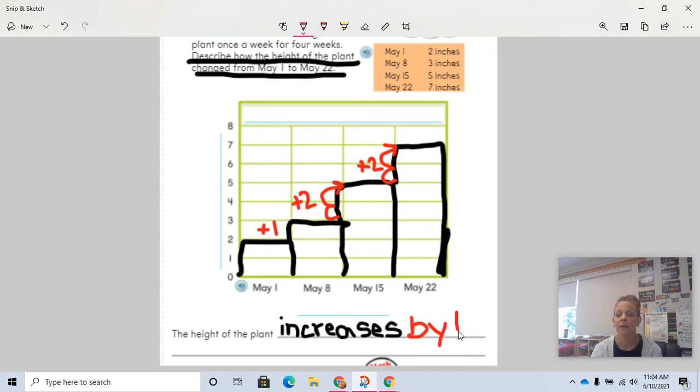So the height of the plant increases by 1 inch. I'm going to abbreviate IN period. And then, sorry about my writing on this. I'm trying to write with a mouse.